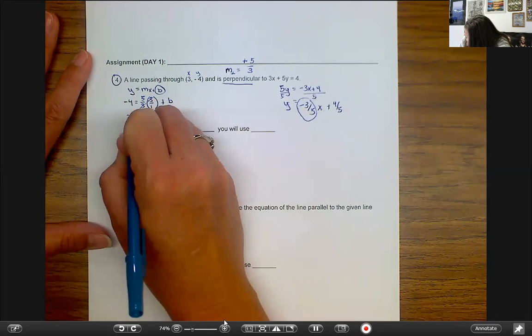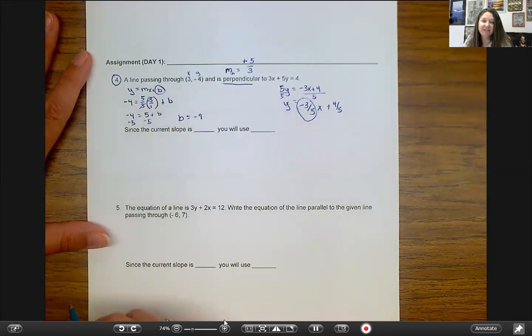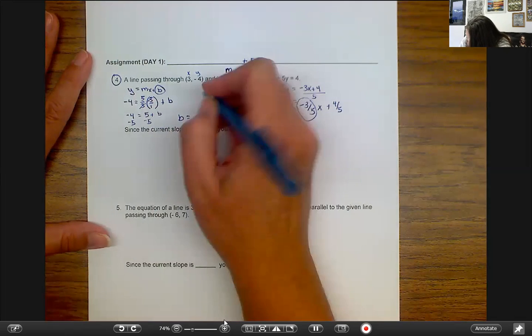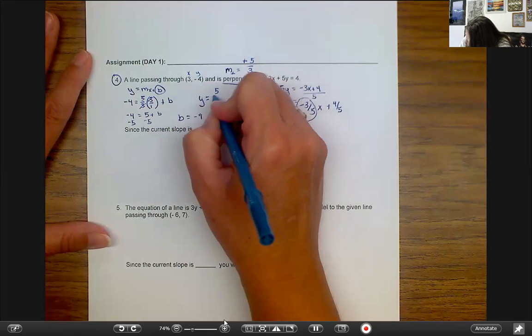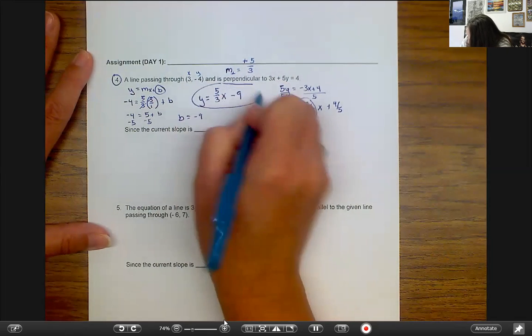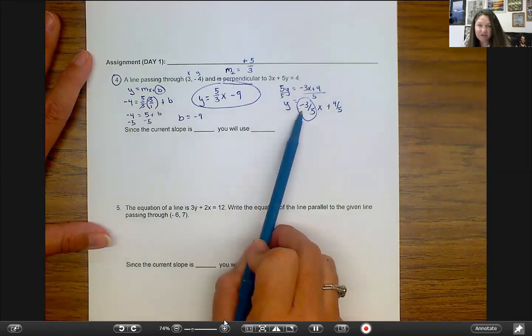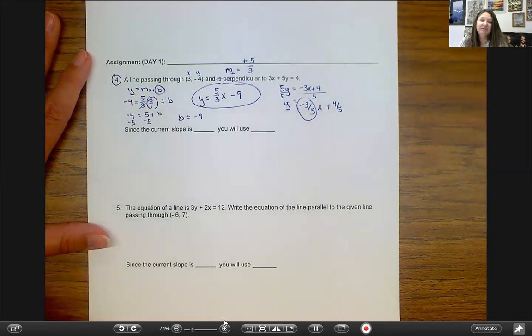So we subtract 5 from each side, and b would be equal to -9. So the equation that runs perpendicular would be y equals 5/3 x minus 9. My slopes here were opposite reciprocals, and then I plugged in the value for that y-intercept.